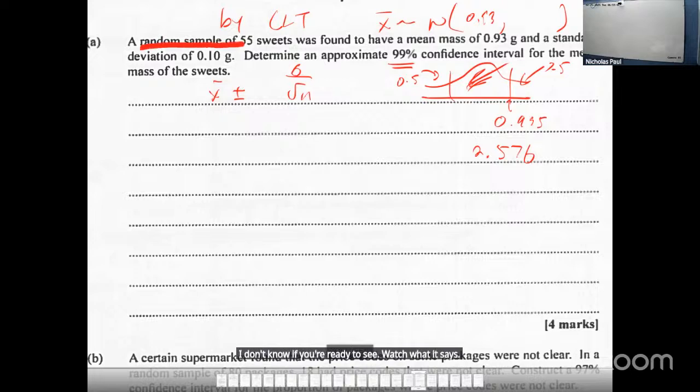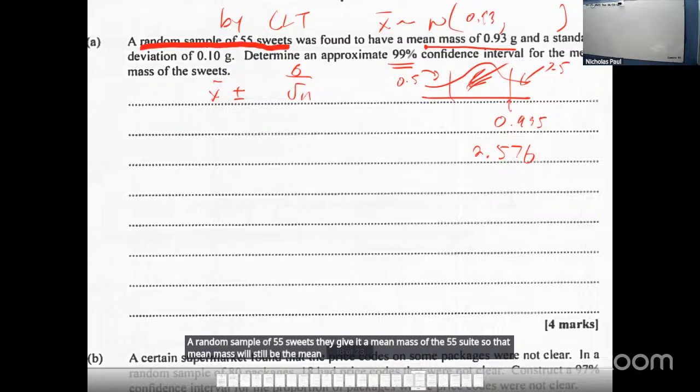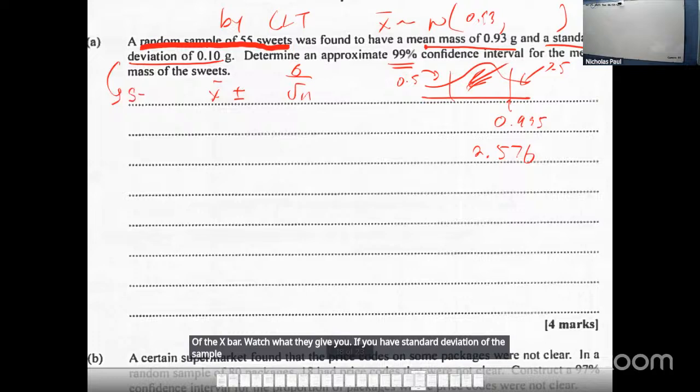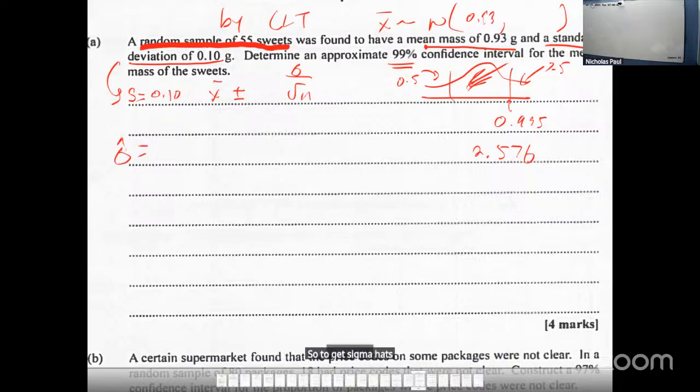A random sample of 55 sweets. They gave you the mean mass of the 55 sweets, so that mean mass will still be the mean of the distribution of X bar. But they give you a standard deviation of the sample, so what they really give you is s. That is not sigma. So to get sigma hat squared, remember the formula that we had to use? What's the formula you have to use if you have s?